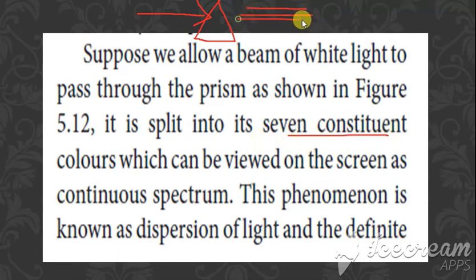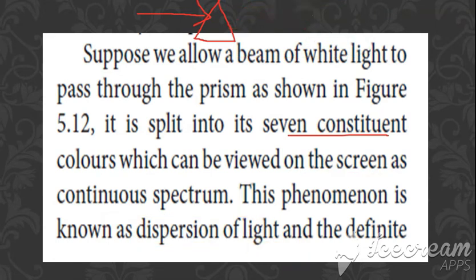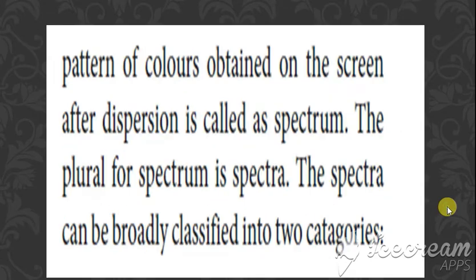That white light is split into 7 colors, and that can be viewed on the screen as a continuous spectrum. This phenomenon is known as dispersion of light. When the white light is split into 7 colors, that phenomenon is called what? Dispersion. And the definite pattern of colors obtained after dispersion is called a spectrum.